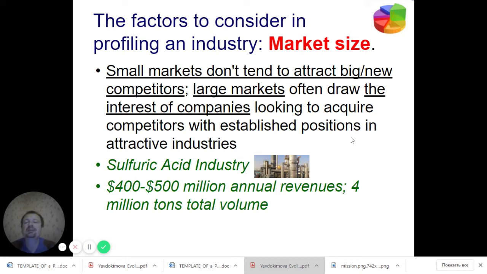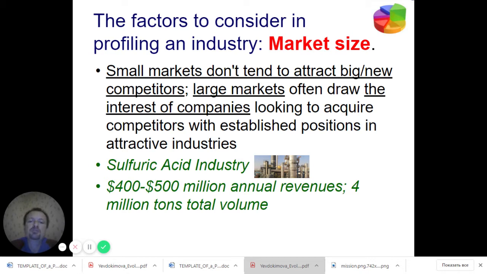And speaking a little bit forward, your next task is to conduct the same type of analysis. You have to keep the order of characteristics as it is mentioned in this presentation, and you have to create an analysis in the form which is made in green for the sulfuric acid industry.